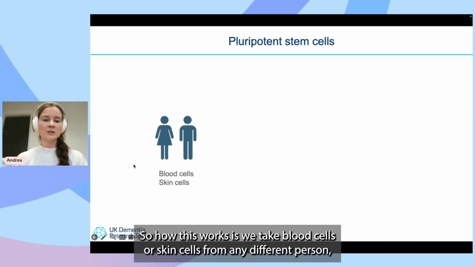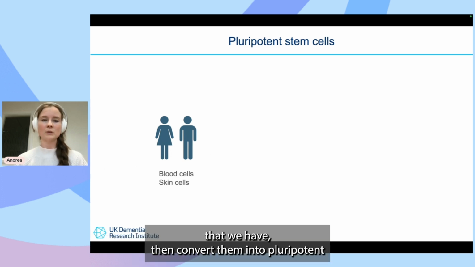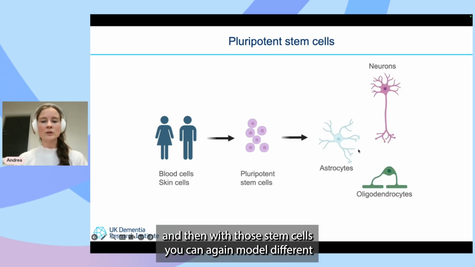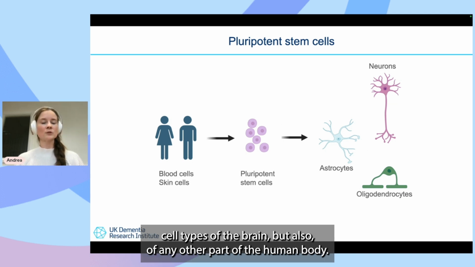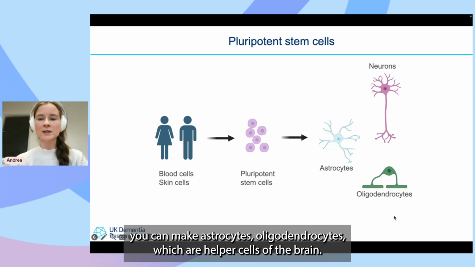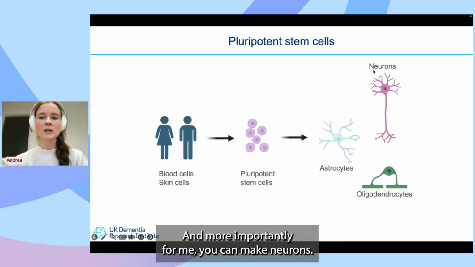So how this works is we take blood cells or skin cells from any different person that we could have, then convert them into pluripotent stem cells via a very well-established protocol. And then with those stem cells, you can again model different cell types of the brain, but also of any other part of the human body. But given that I'm interested in brain cells, for example, you can make astrocytes, oligodendrocytes, which are helper cells of the brain. And more importantly for me, you can make neurons.